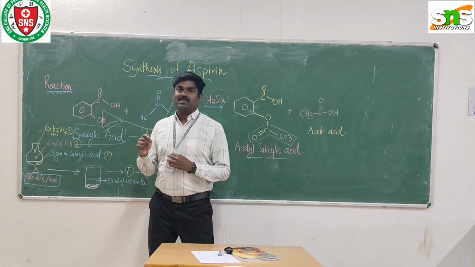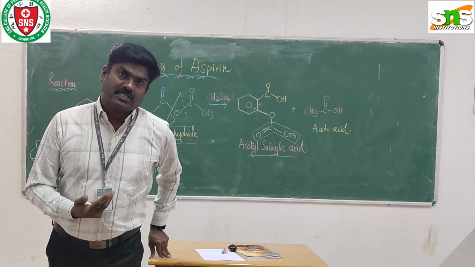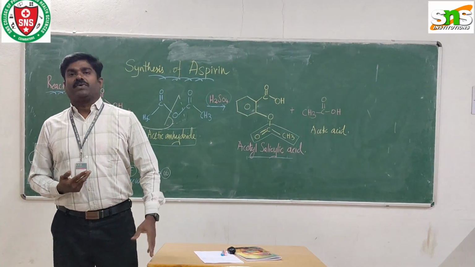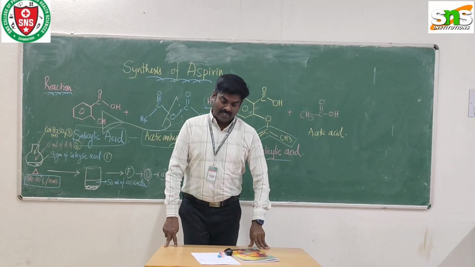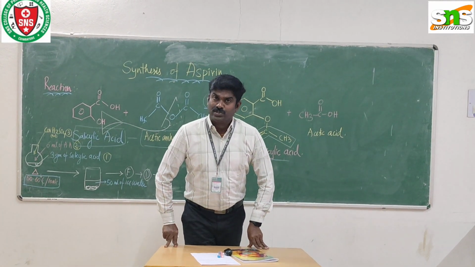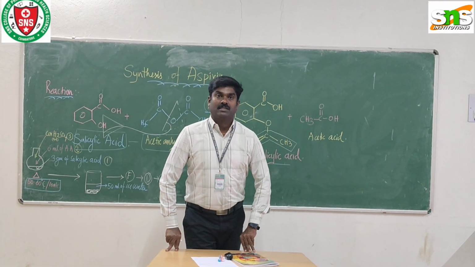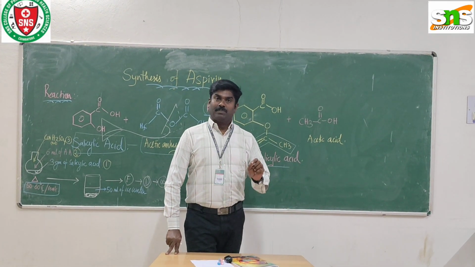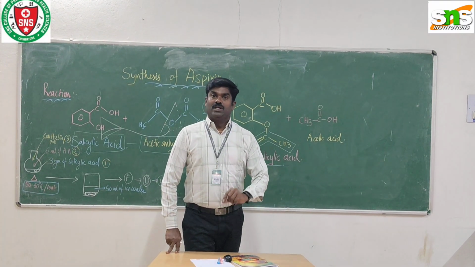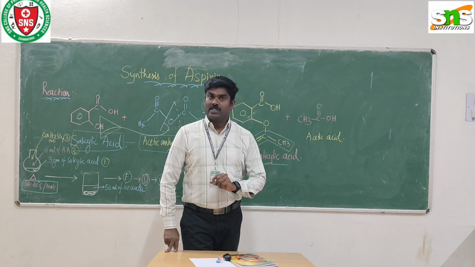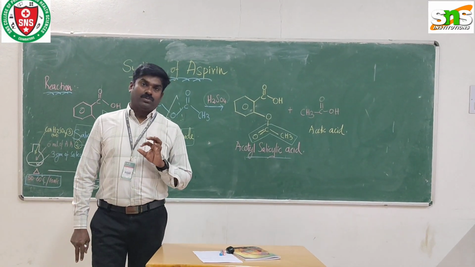Then we need to add a suitable solvent to dissolve the aspirin. Aspirin is freely soluble in water as well as ethanol, so these are the two solvents I recommend to prepare the aspirin solution. The pinch of aspirin is dissolved in 1 ml of distilled water or 1 ml of ethanol.